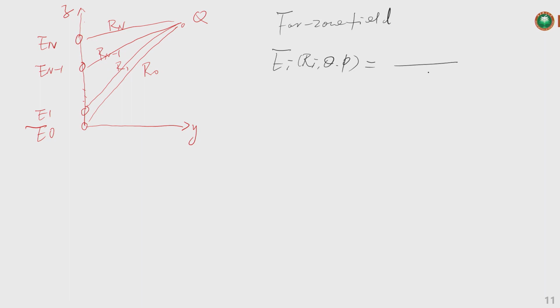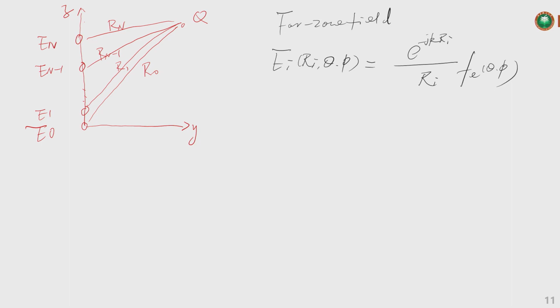It can be expressed as the propagation factor, e^(-jkR_I), times the direction factor F(theta, phi). Here we assume all these elements have the same direction factor, so we call it F_E.